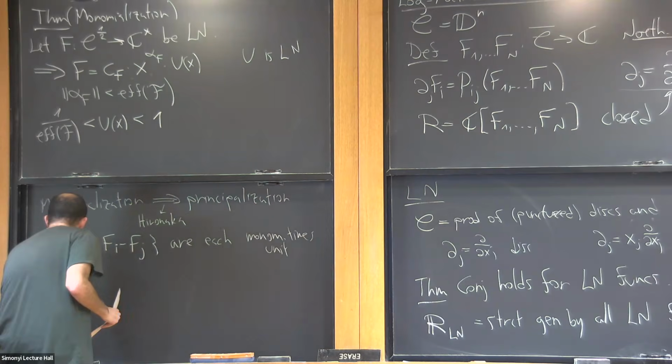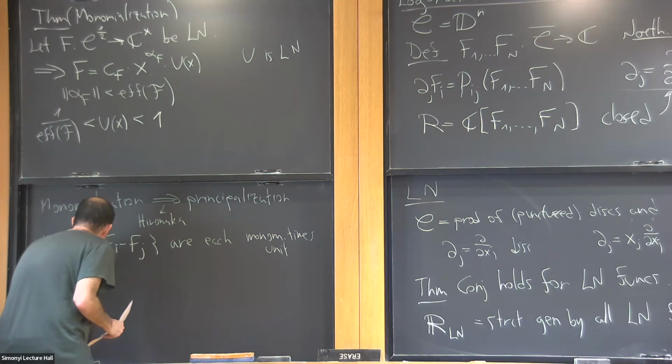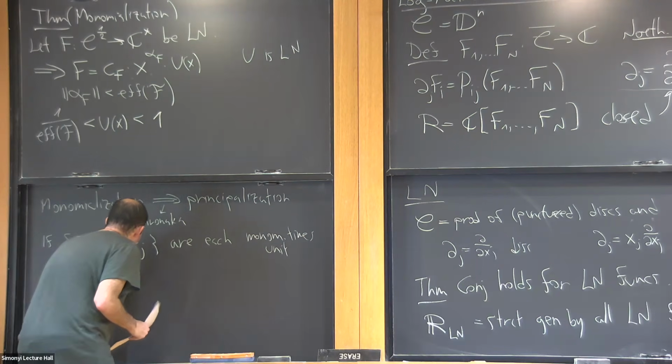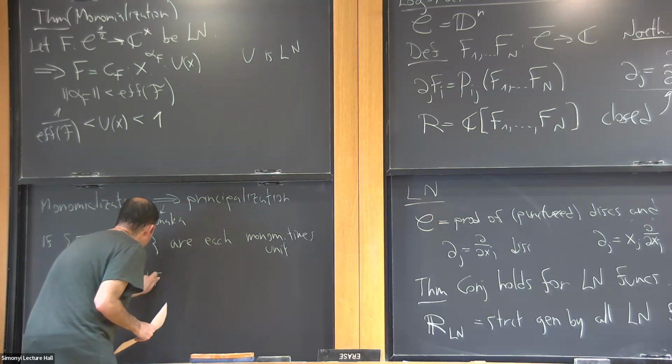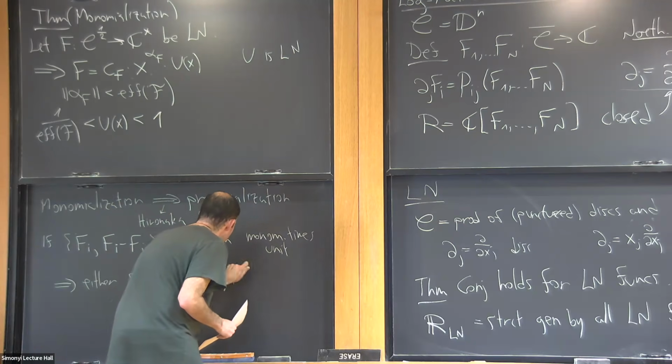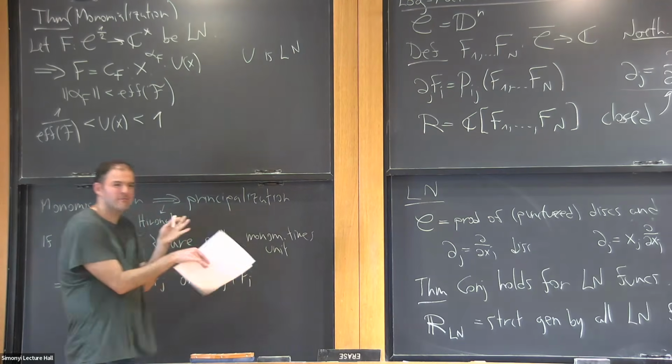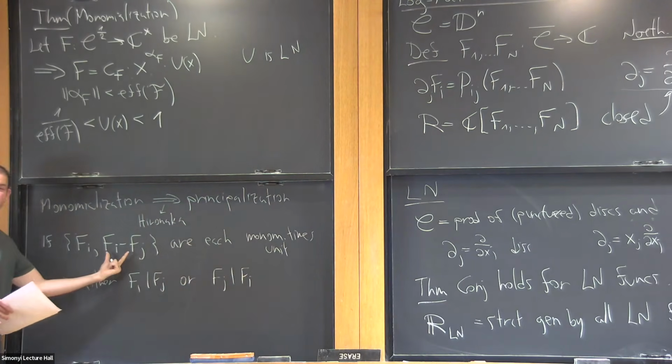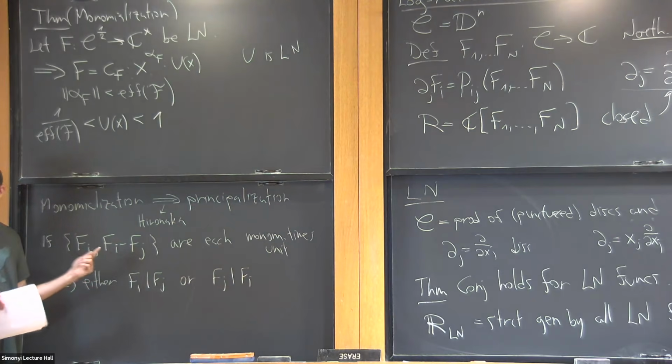Then this implies that either Fi divides Fj or Fj divides Fi. If you just think about the zero locus, where these differences vanish, if one did not divide the other, then the zero locus would not be monomial itself, would not vanish only on the coordinate hyperplanes. Just a very simple exercise, you can do it.